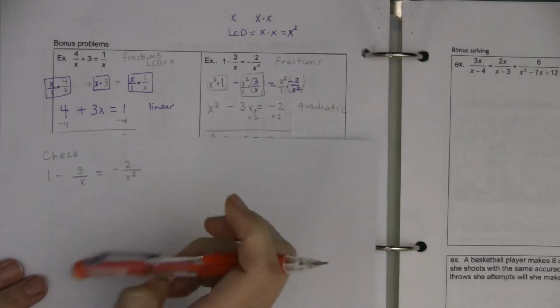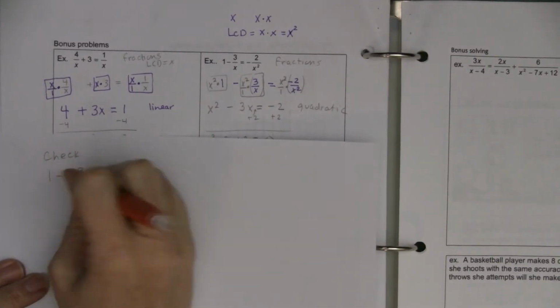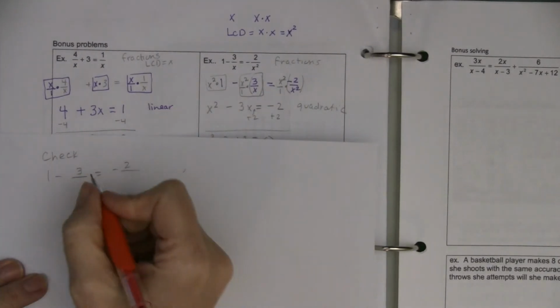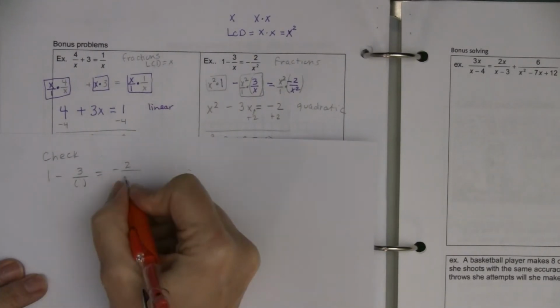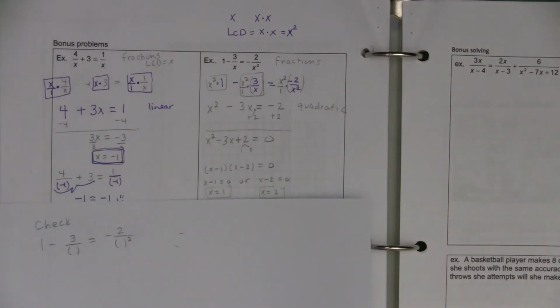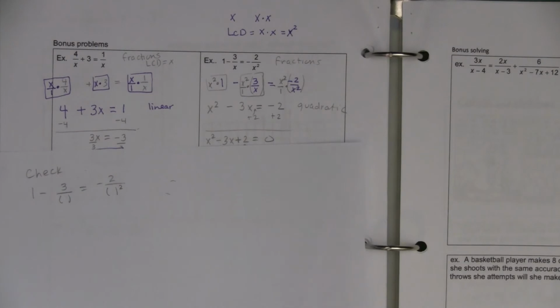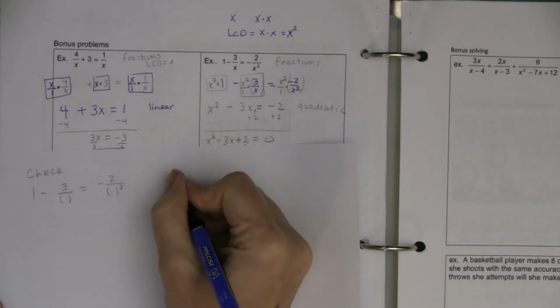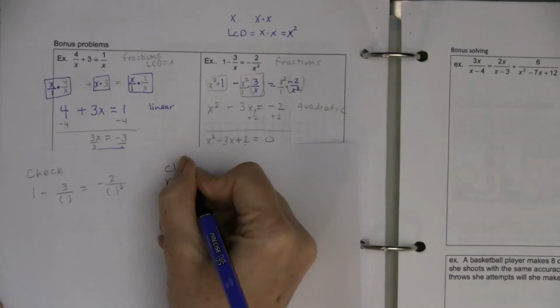And I like to, and I have in the past, put parentheses instead of my x's. And we're going to be plugging in 1. You check them one at a time. So right now I'm checking x is 1.